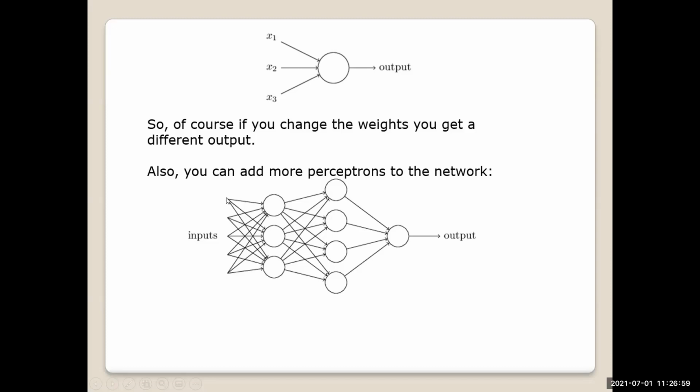So although the input x1 goes to all 3 of these, we'll have different weights. The values that go into each node will be different, because this might have a weight of 1, this might have a weight of 5, and this might have a weight of -10. So you'll have 3 different weights, even though it's the same input. Anyway, so that's the structure.